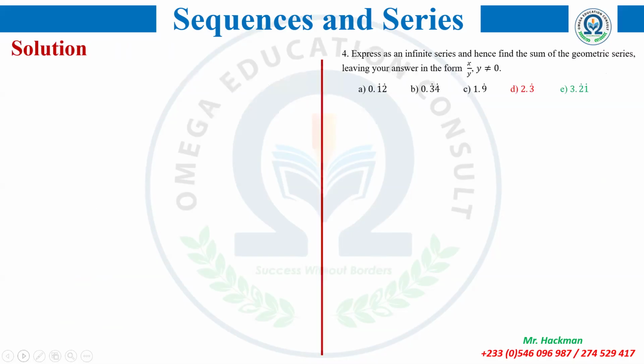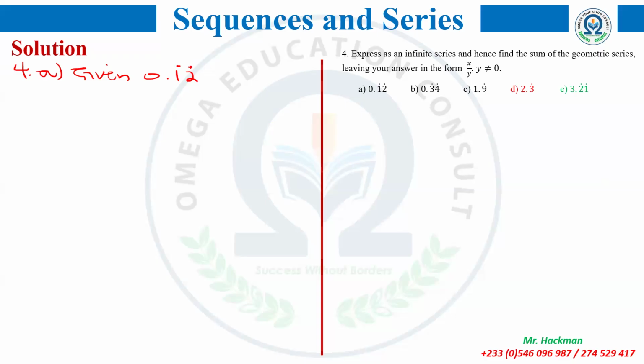Solution. The first one, what are we looking at? We are looking at question 4, solution to question 4. So let's write 4, and A. What are we given? We are given 0.12 with 1, 2 recurring. Is that clear?